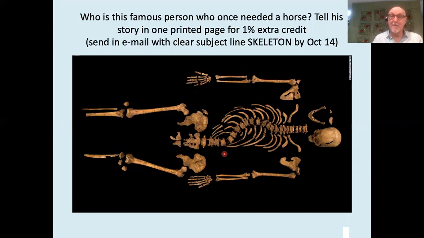It didn't impede him very much, I must tell you, but it would surely have had some ill effects on him, and I want you to explain that to me. So you can email that to me by October 14th. That's the week of Indigenous Peoples Day, which is on the 12th. That's the Wednesday.